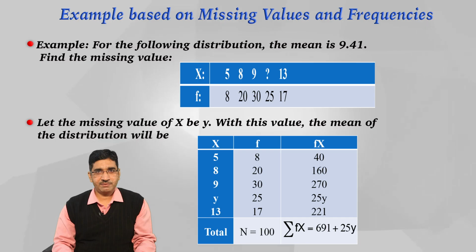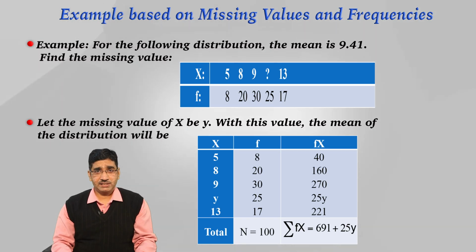Arithmetic mean is given as 9.41, but in that data one value of the x variable is missing. In the table, the x values are 5, 8, 9, one missing value, and 13. Let us call the missing value y, and in the second column we have the corresponding frequencies.